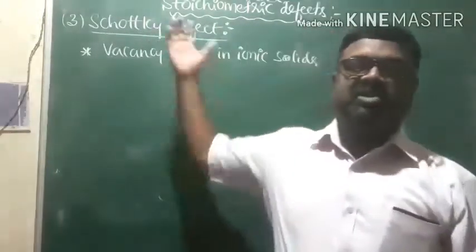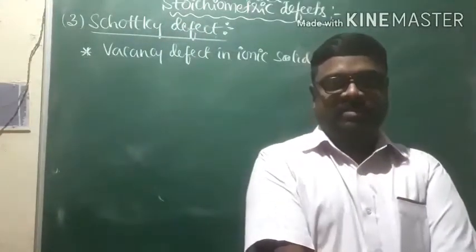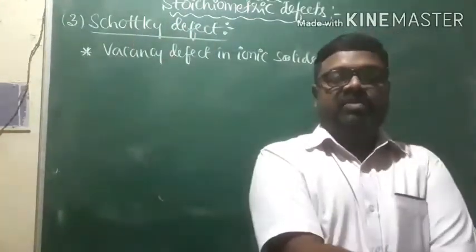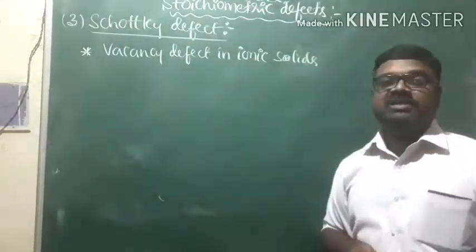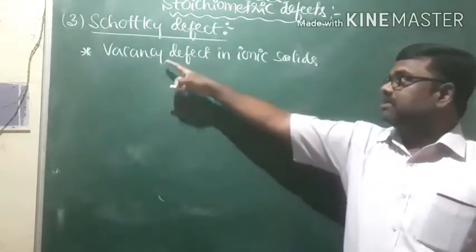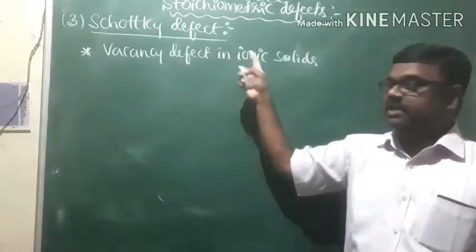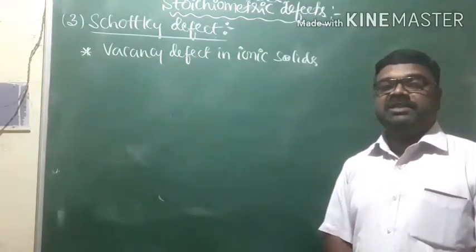Here also particles are missing from the crystal lattice. The particles missing are ions, that means cations and anions. The particles are missing from their lattice points, and that is what we call vacancy defect in ionic solids.